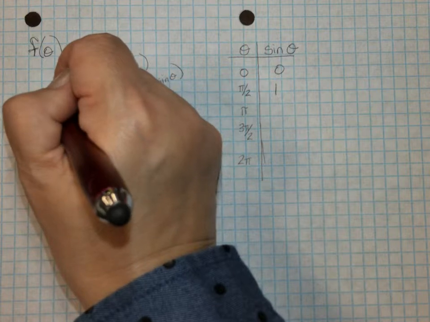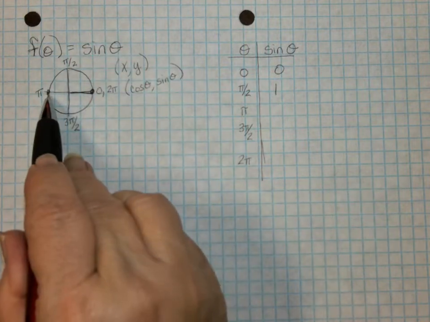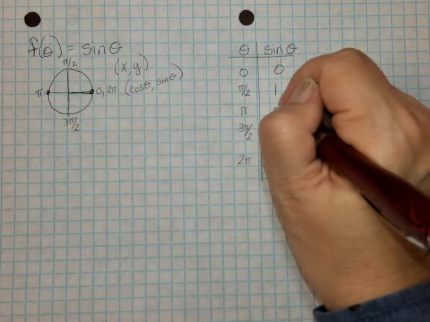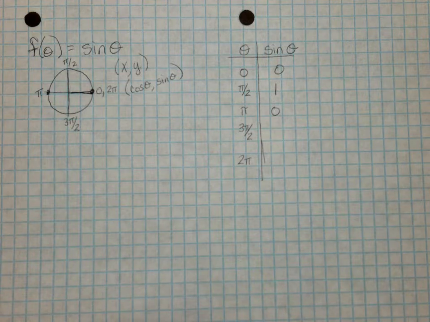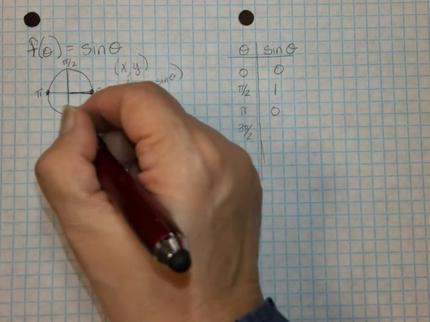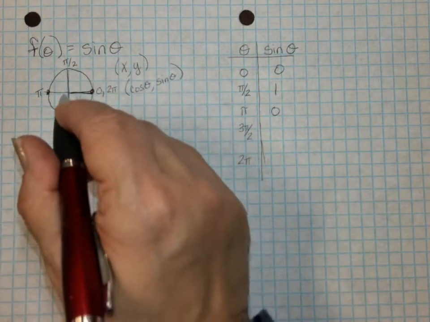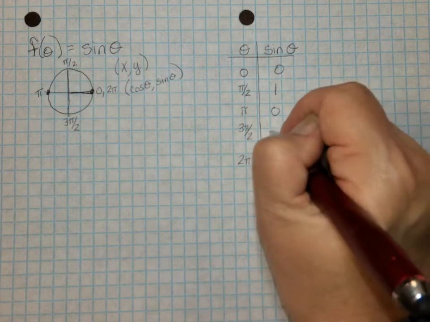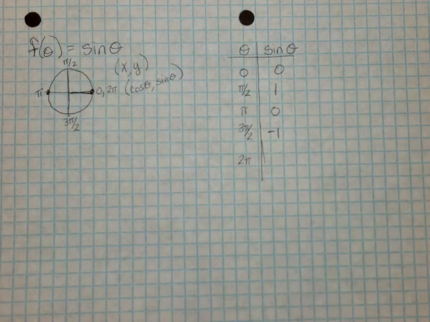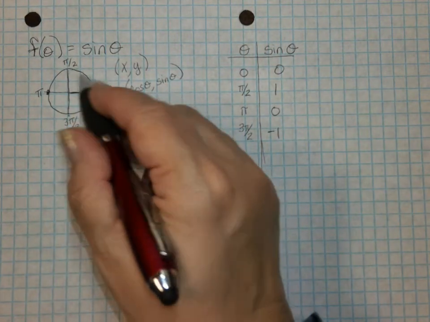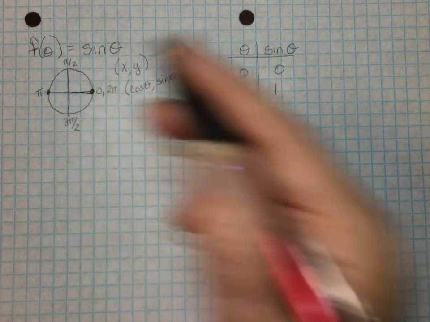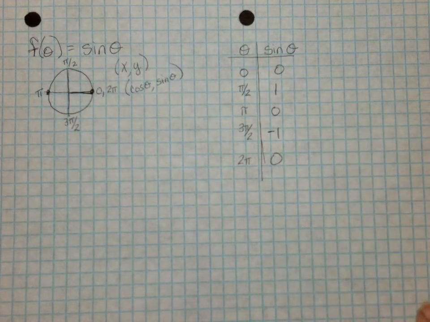At pi, which is over here, the y value is 0. 3 pi over 2 is here, so that y value is negative 1. And then 2 pi is back around to the end of the circle, and that's 0.